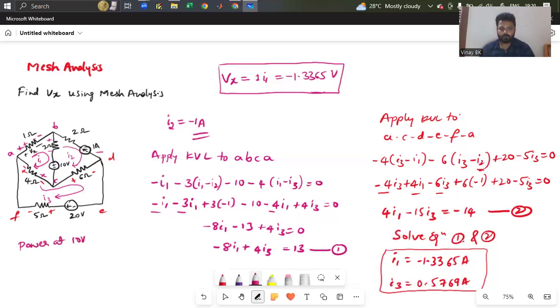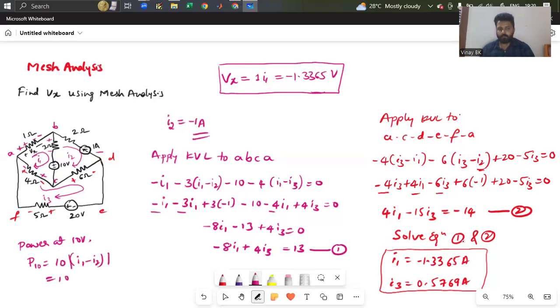Similarly, you can find the power at the 10 volt source. The power at the 10 volt source is given by P10 equals voltage value 10 and the current flowing through it, that is I1 minus I2. 10 into I1 minus I2. I use the modulus because power is a scalar quantity.